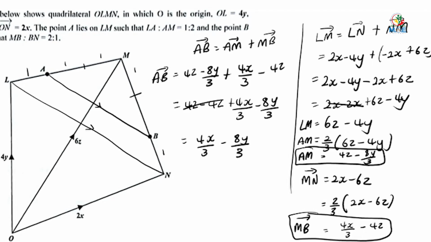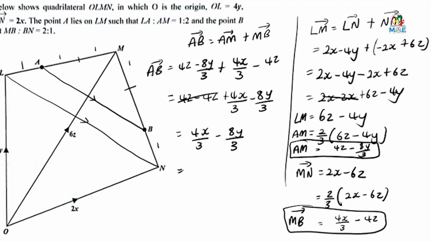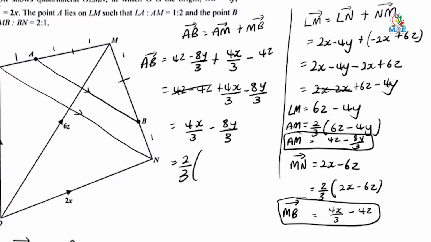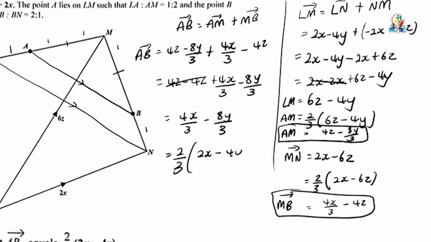So we want to show that this is equal to this. In order for us to transform this to this, all we need to do is pull out the 2 over 3. So we factor out 2 over 3 from both terms. We're left with 2x minus 4y.